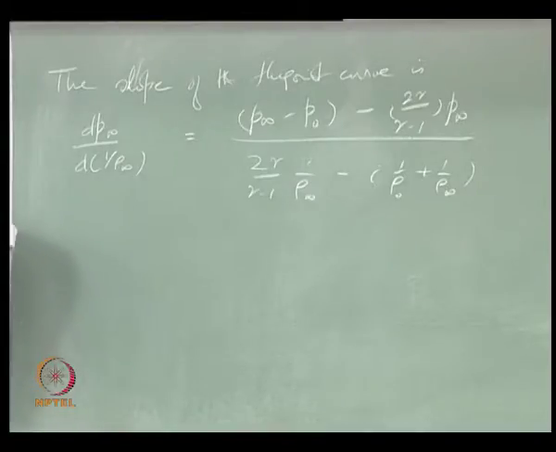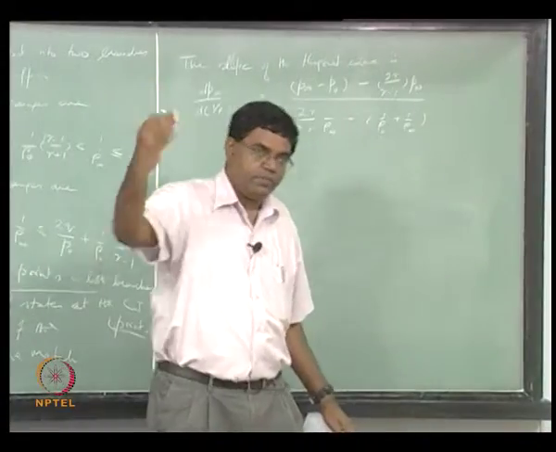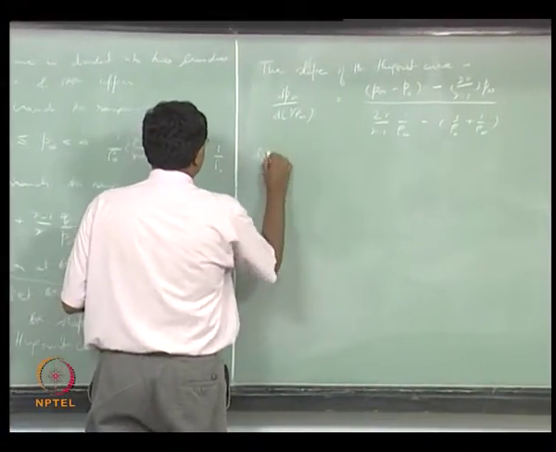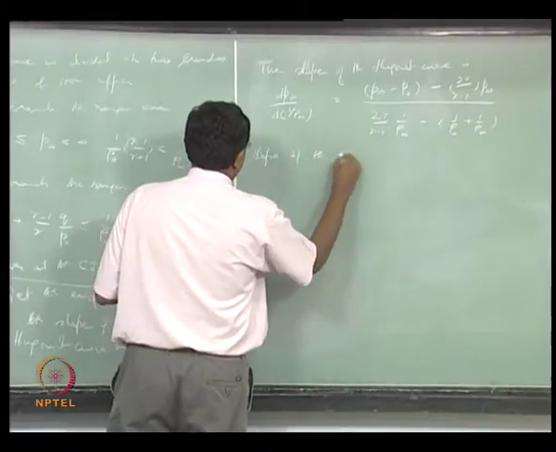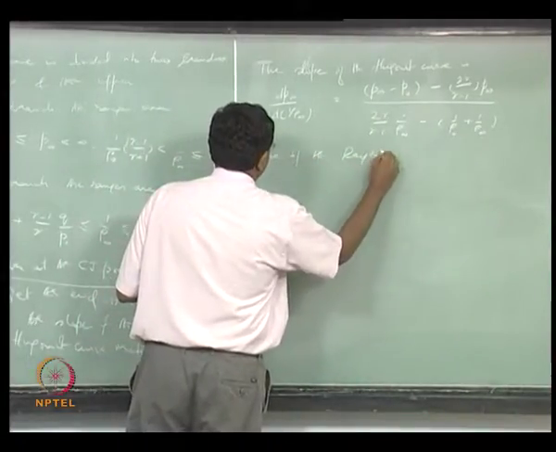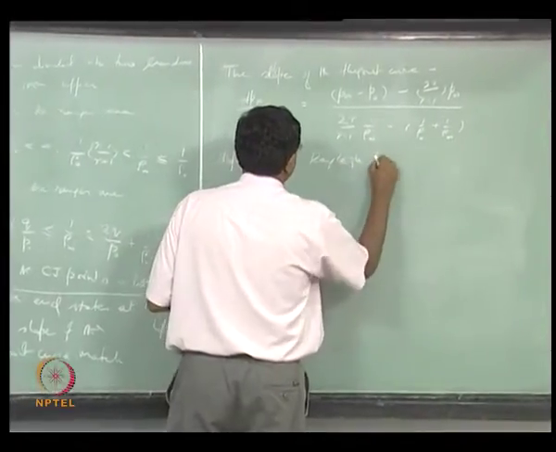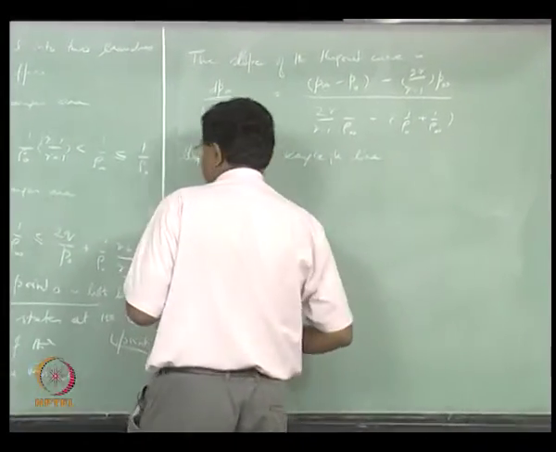At the Cj points, it turns out that the slope should be equal to the Rayleigh slope, right. So what's the slope of the Rayleigh line?